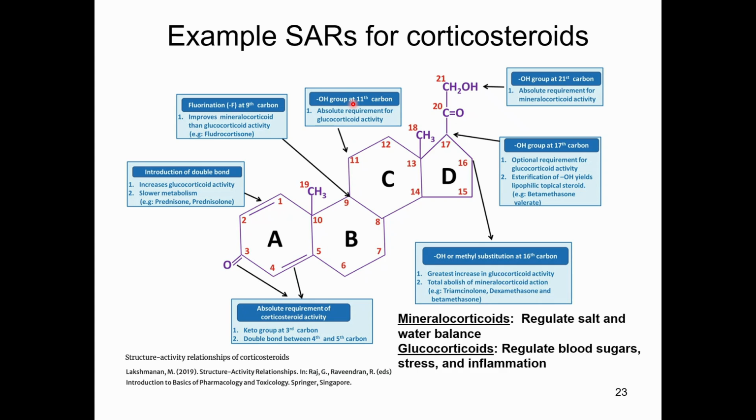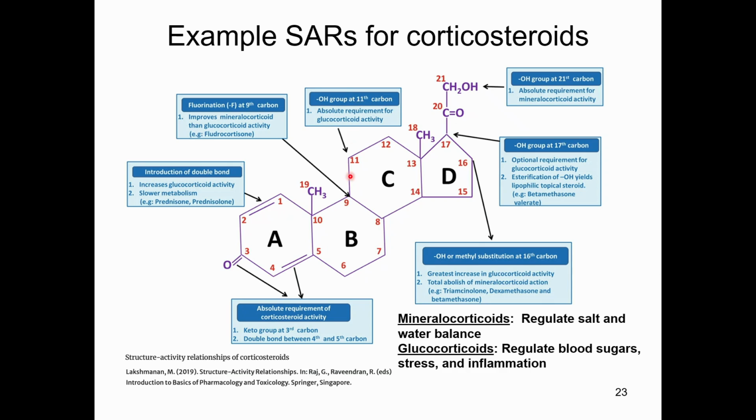Remember, though, that this is probably binding to some receptor, and so those chemical changes in the drug are going to influence how that drug interacts with its target, a receptor, for instance. If you want to know why adding a hydroxyl group here is important, it's probably because it's changing the way that drug chemically interacts with its target. Might affect a hydrogen bond or something like that, okay?